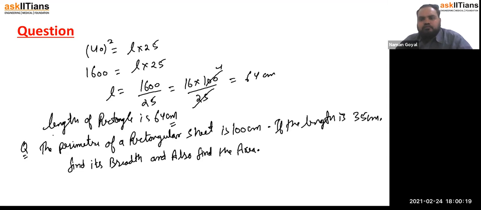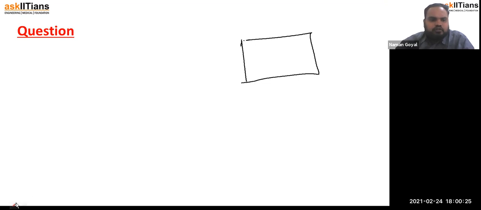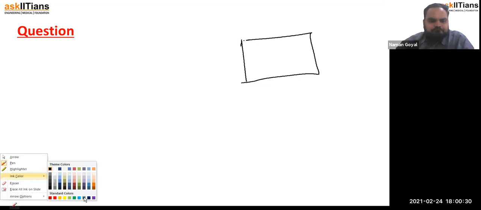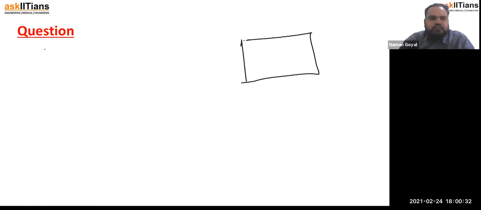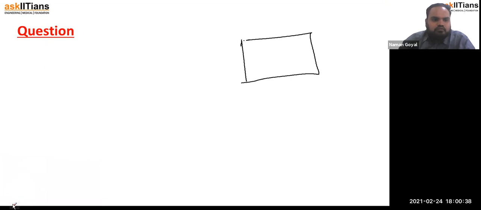So see what is given in the question. There is a rectangular sheet. The perimeter of this particular rectangular sheet is given in the question, which is 100 centimeter, isn't it?